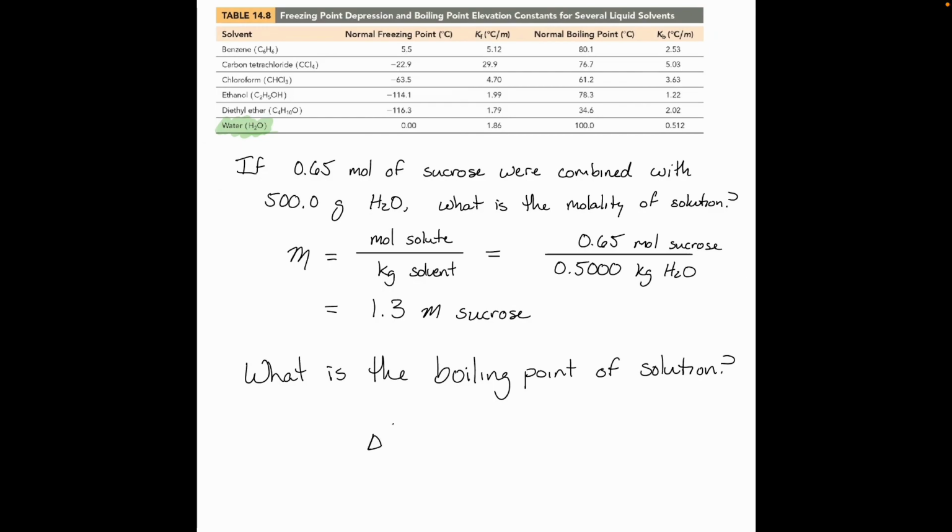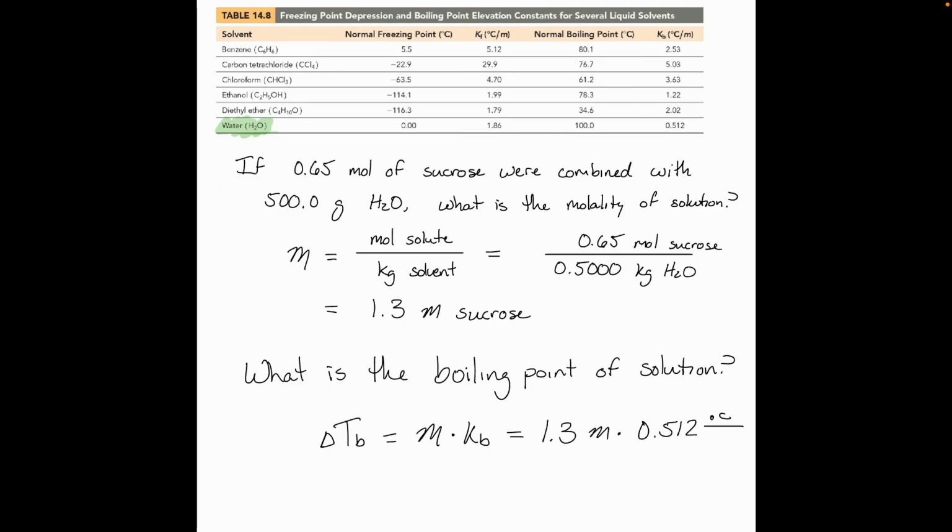All right, so I got my delta TB equals that molality times Kb. My molality of my solution was that 1.3 molal. Okay, and then I'm going to multiply that by the Kb specific for my solvent. Again, we were talking about water, so I'm going to use that 0.0512.